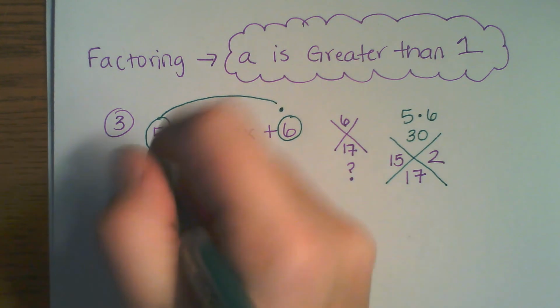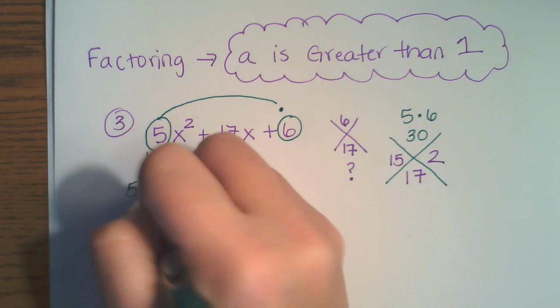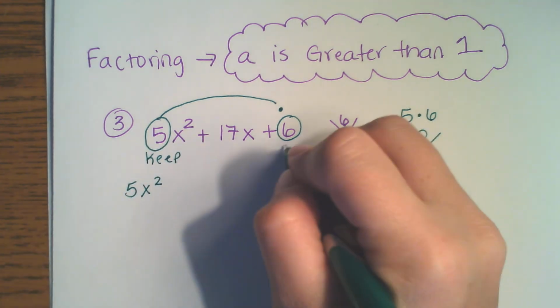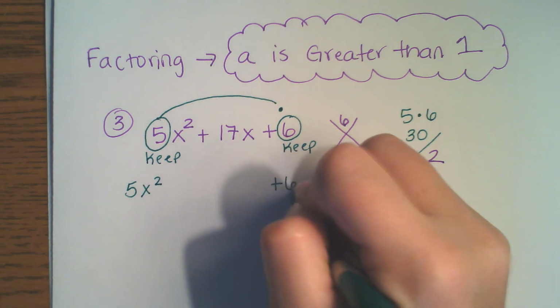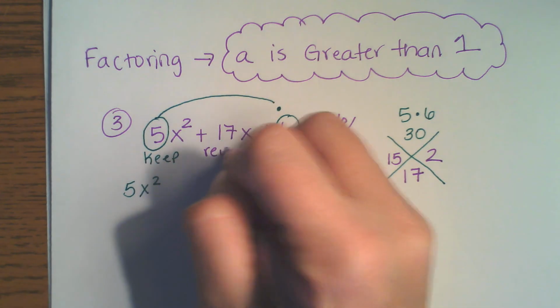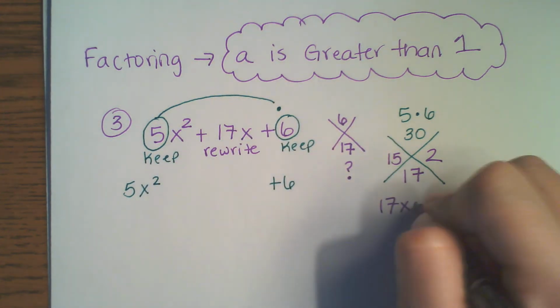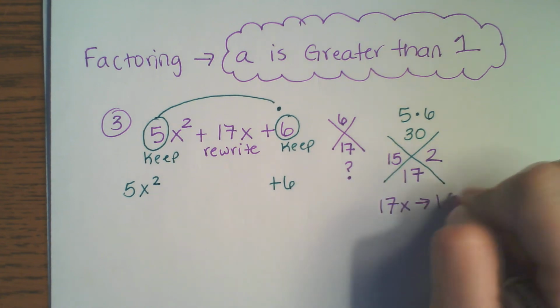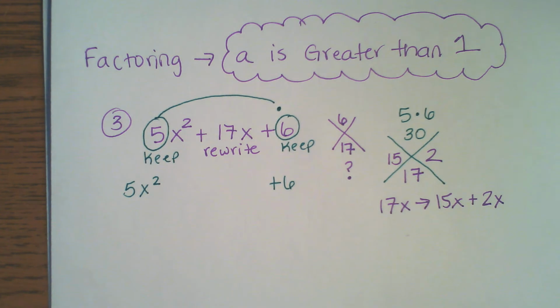So in this process, we keep 5x squared and we keep plus 6, and we're going to rewrite 17x using 15x plus 2x.